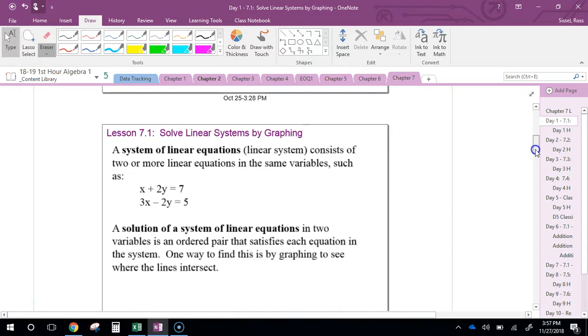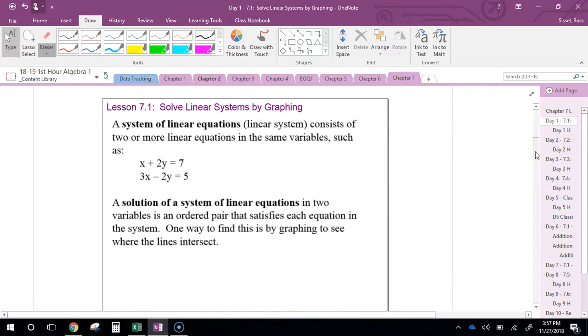The biggest thing that we're learning is linear systems is when we have more than one linear equation. So like we see x plus 2y equals 7. We know that's a linear equation, and we know that 3x minus 2y equals 5 is a linear equation.